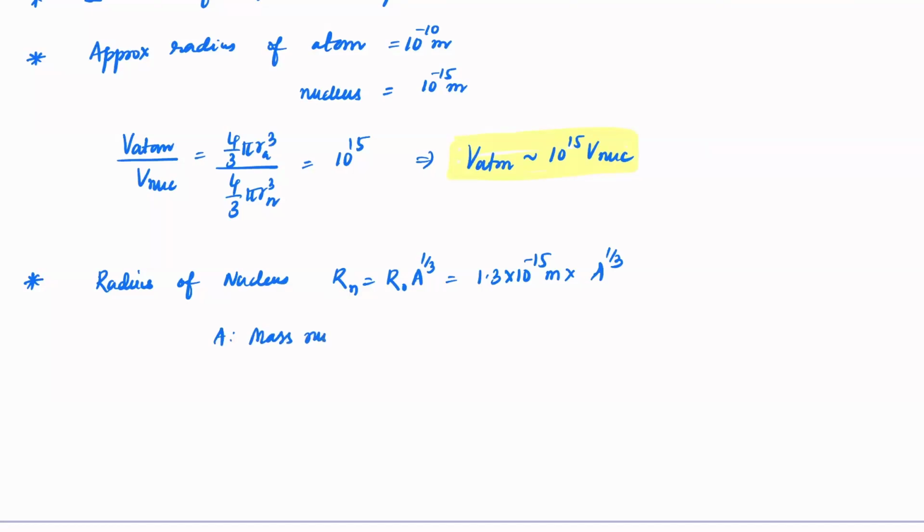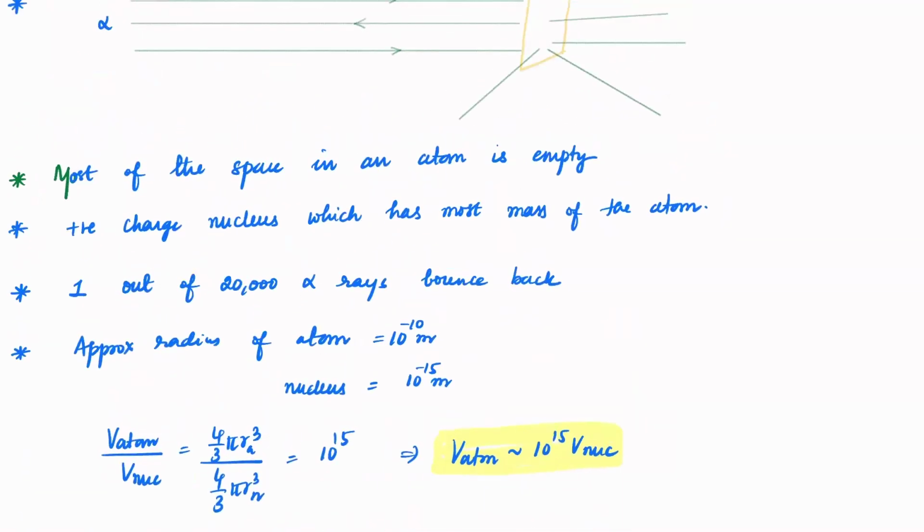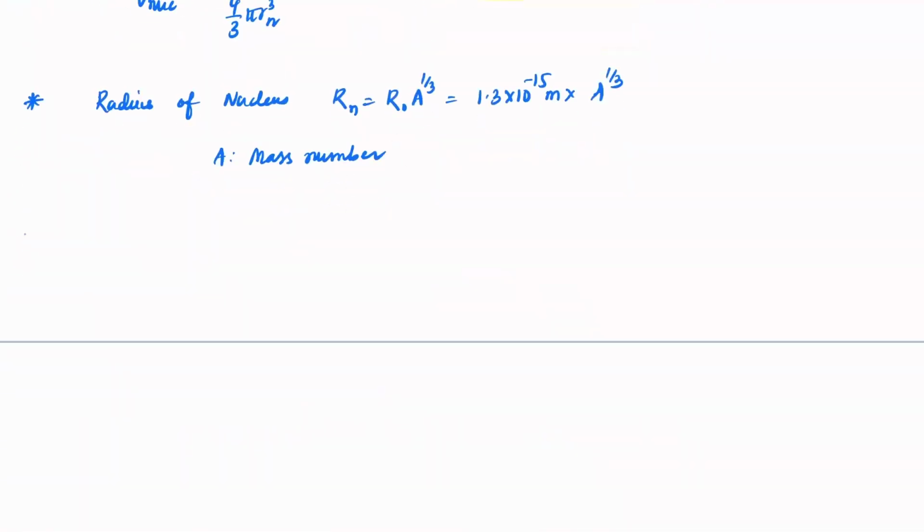So if you simply know the mass number of an element, you can approximately predict the radius of the nucleus. It was a very important breakthrough, everybody. So these were the important pointers that we learned from Rutherford's model.